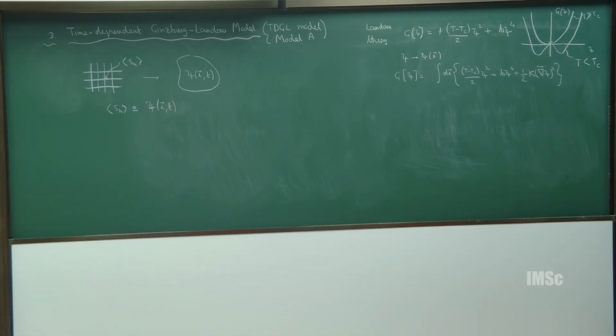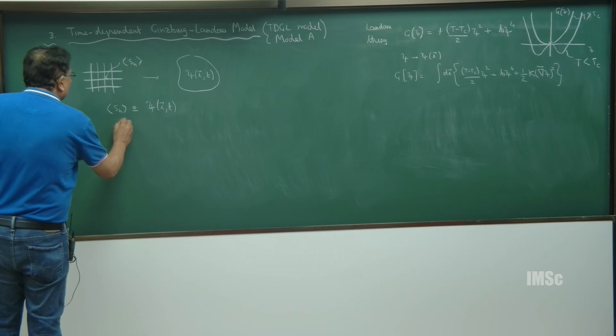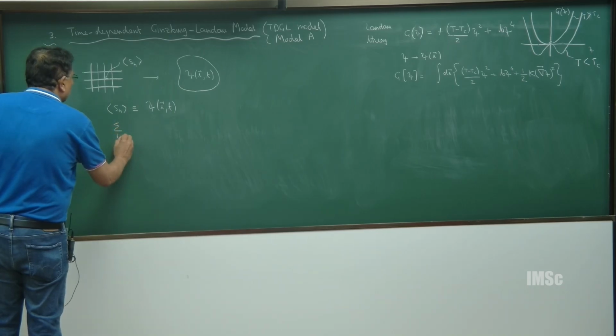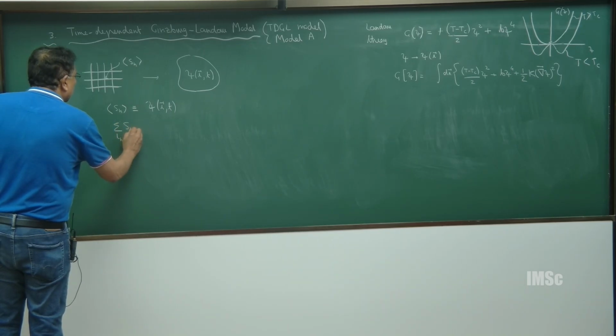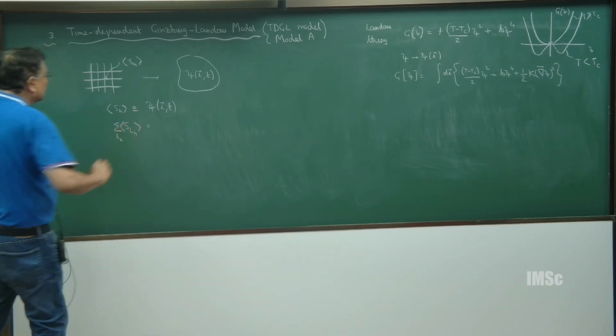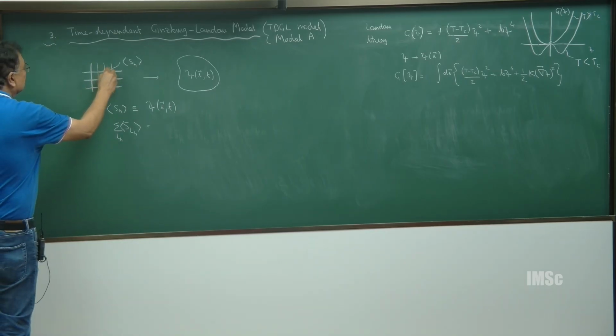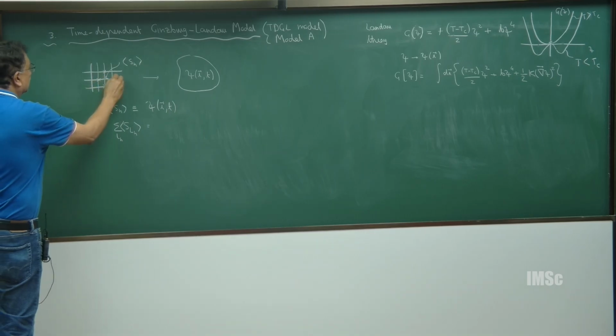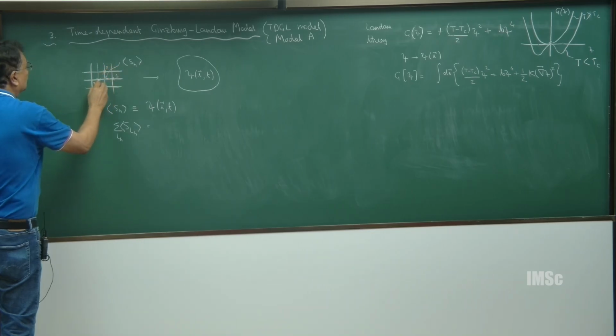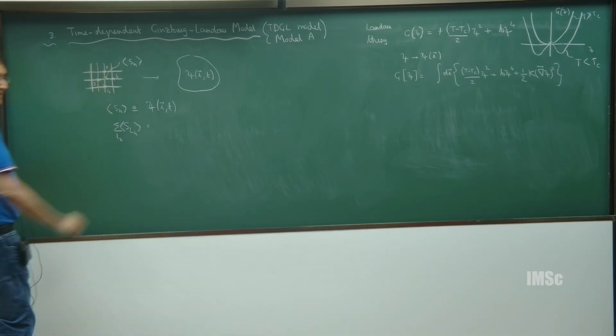The important factor I have to focus on is this one out here, the sum over the nearest neighbors, sigma over ln of S_ln average. If that is n, then the ln's are these sites here, here, here and here, which I label for convenience as 1, 2, 3 and 4.